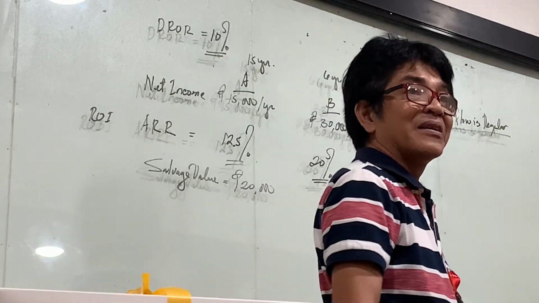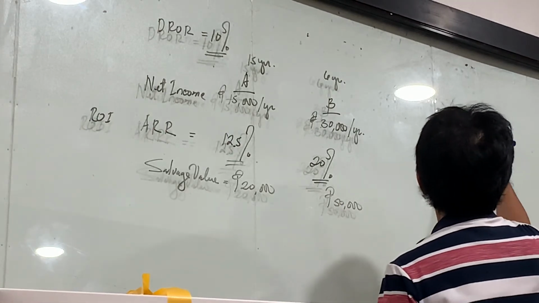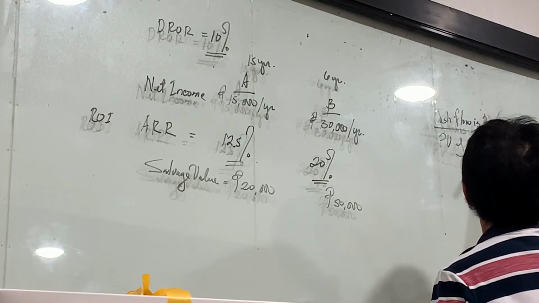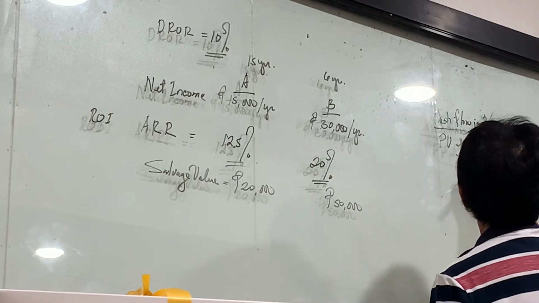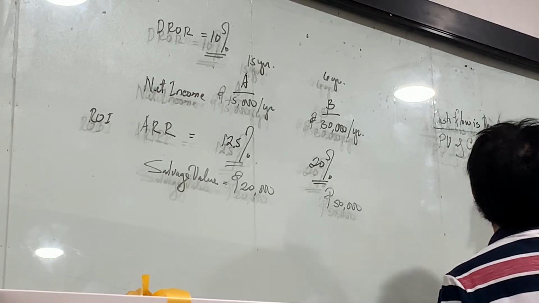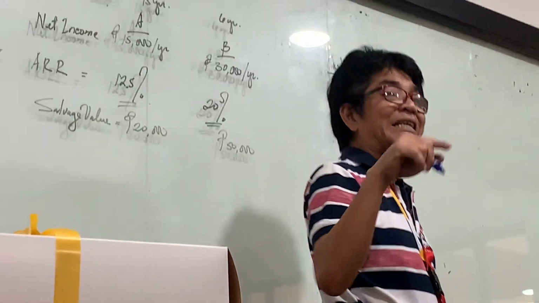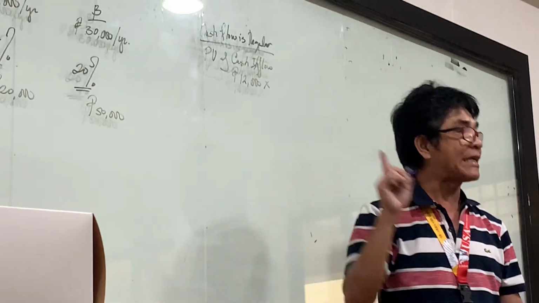Sakto? So to compute for the present value of cash inflow, that will be 12,000 times the present value factor of an ordinary annuity at 10% for 15 years.